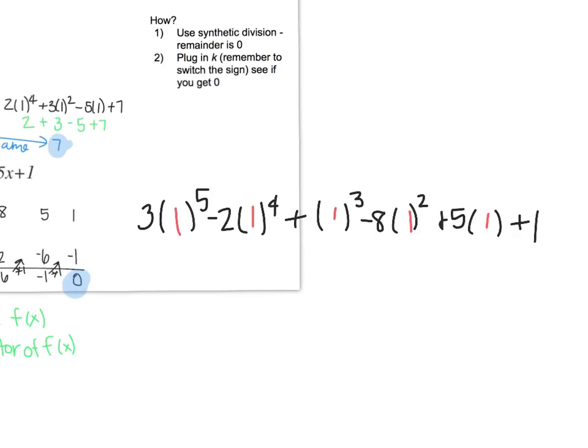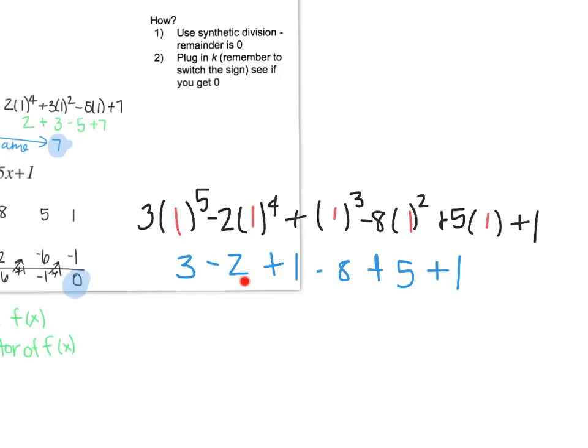And then just do my math. So 3 times 1 to the 5th, well, that's just 3. Negative 2 times 1 to the 4th would be negative 2. 1 to the 3rd is just 1. Negative 8 times 1 squared would be negative 8. 5 times 1 is 5. And then plus 1.